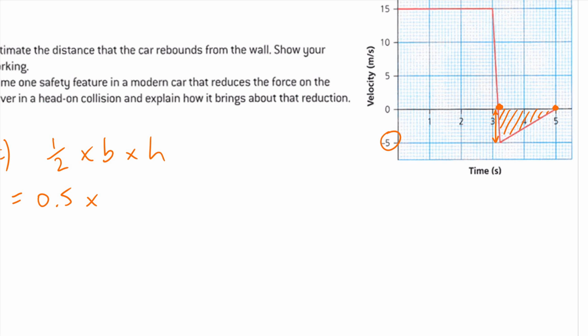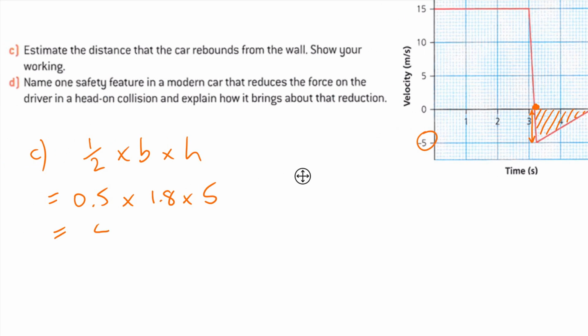So the base was 1.8 times the height, which was 5. And so it rebounds 4.5 meters.